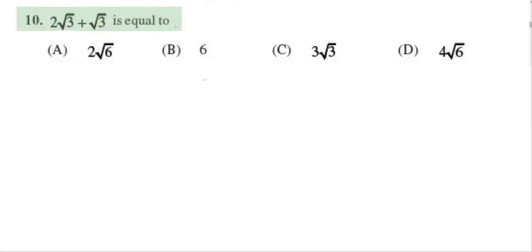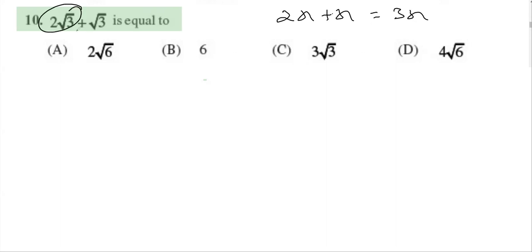In question number 10, we have to get the value of 2 root 3 plus root 3. Now, for addition and subtraction of irrational numbers, we treat them as variables temporarily. Like if I ask you what is 2x plus x, clearly you will say 3x.